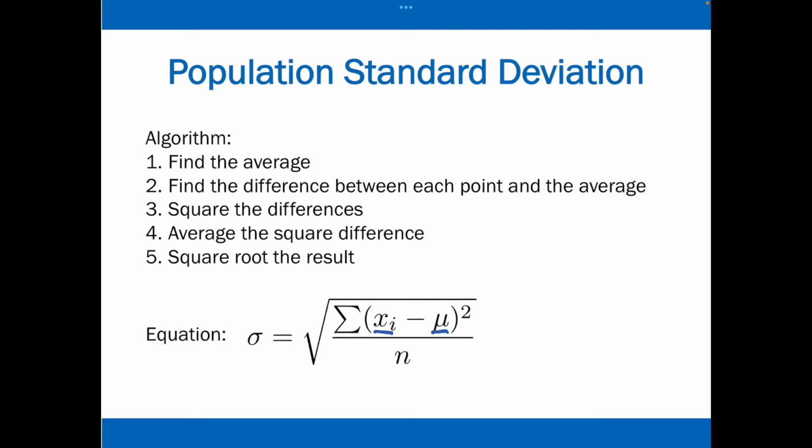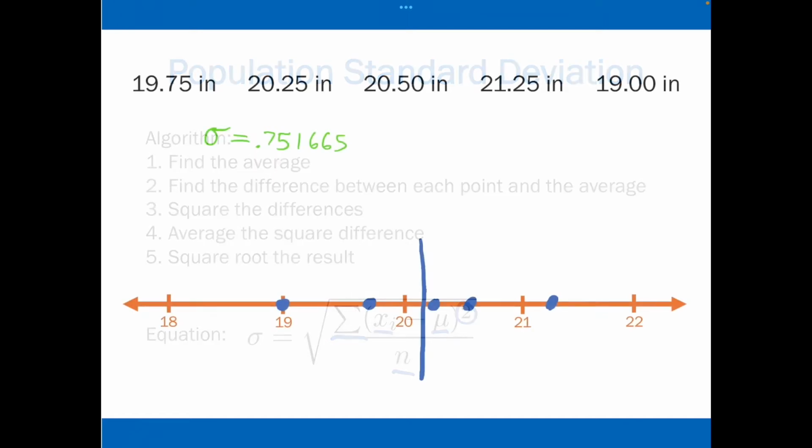So that's the distance between the point and the average. We're going to square that difference. And then this big sigma means that we're going to sum all of those. And so we take those differences, add them together, divide by n, and take the square root. So if you like formulas, this is a pretty good formula to go with.